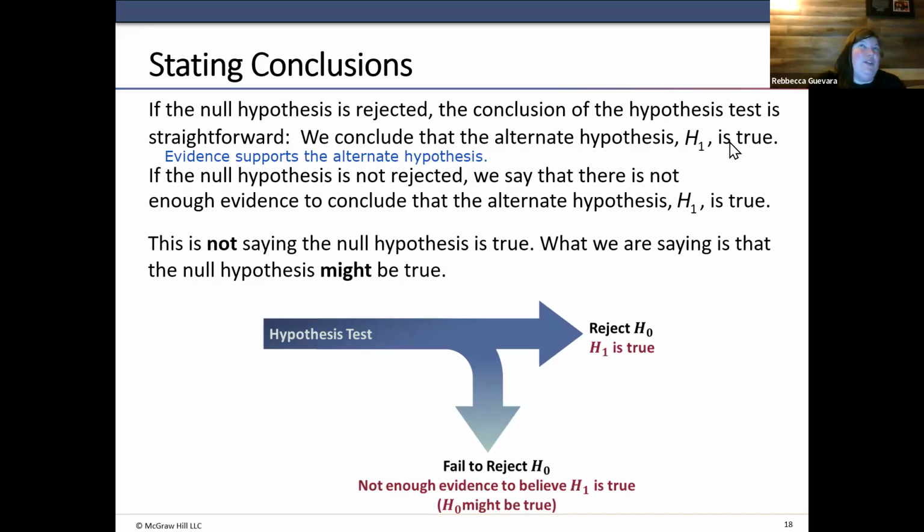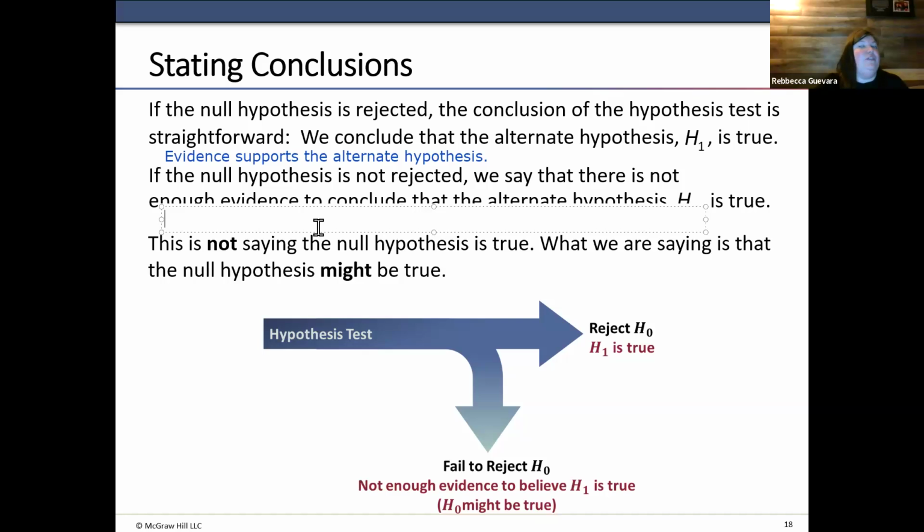If you looked at other books, took other statistics classes, you may look at this as not necessarily true, but the evidence supports it. So if the null hypothesis is not rejected, we say that there is not enough evidence to conclude that the alternative hypothesis is true. Another way of saying that is we're never going to say that the null hypothesis is true.